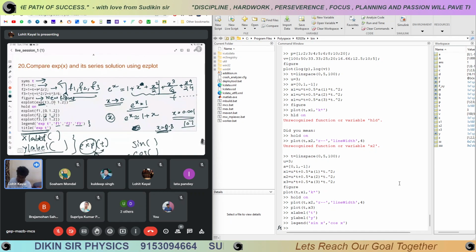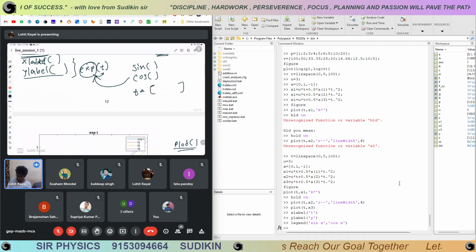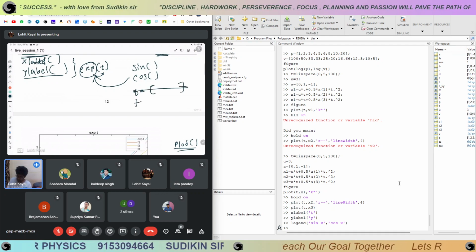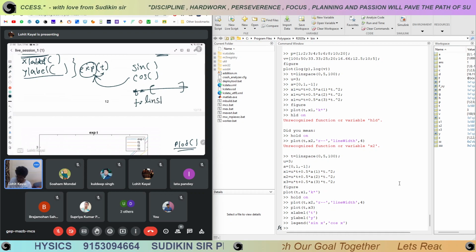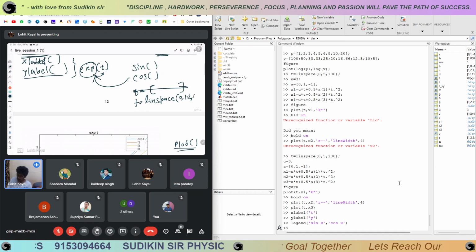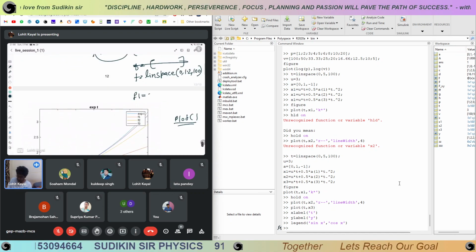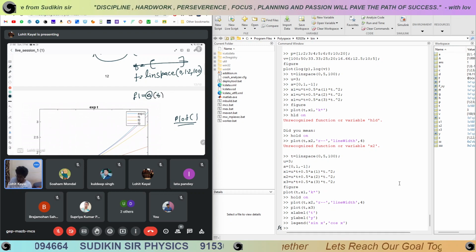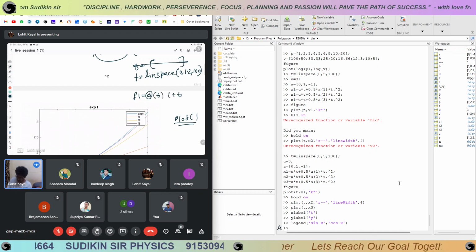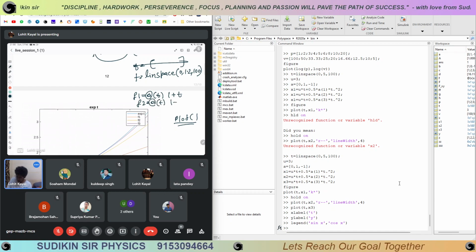In that case, you have to consider t as some vector. Suppose t equal to linspace 0, 1.2, comma 100. Then mention those functions: f1 equal to @t 1 plus t, f2 equal to @t 1 plus t plus t square by 2.